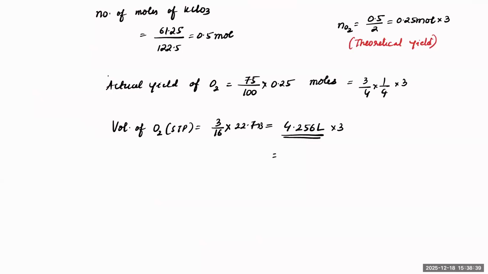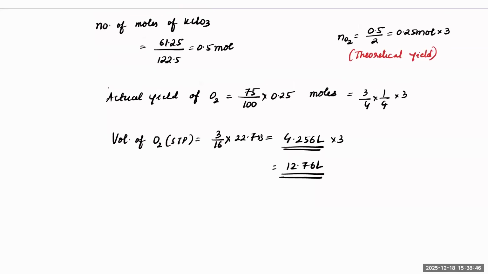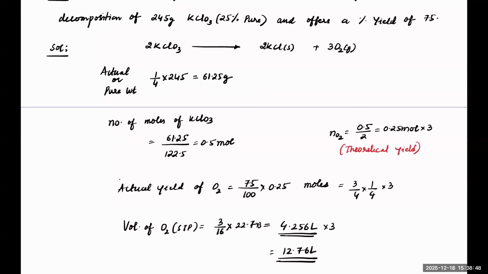That's why I was checking why the answer is not matching. It is 12.76 liters. Okay. So I think you got an idea about how the questions will be framed from these cases.